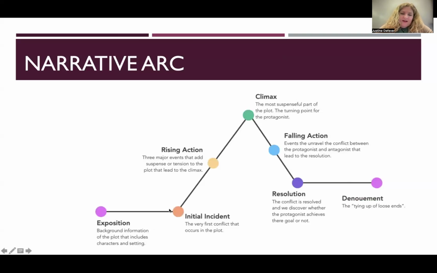Then filling in that initial incident, the rising action that gets us to that point, and then the falling action that indicates that this conflict is going to be resolved, or even if it's not a happy ending of a result, something that has that reflective component of what somebody has maybe learned or experienced along the way.